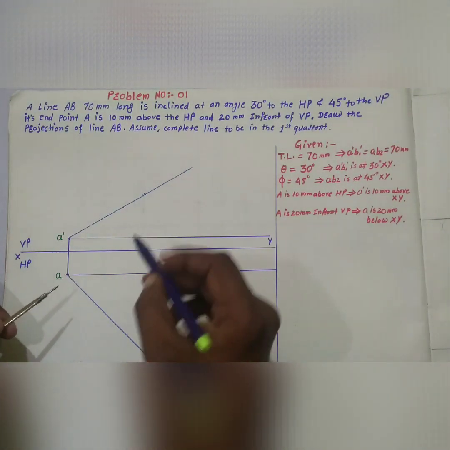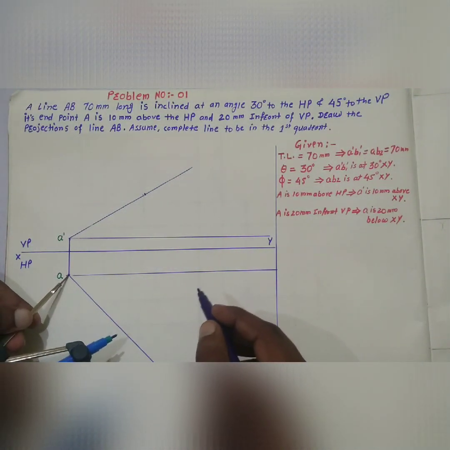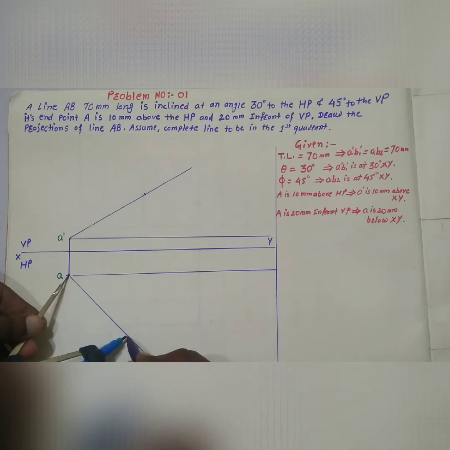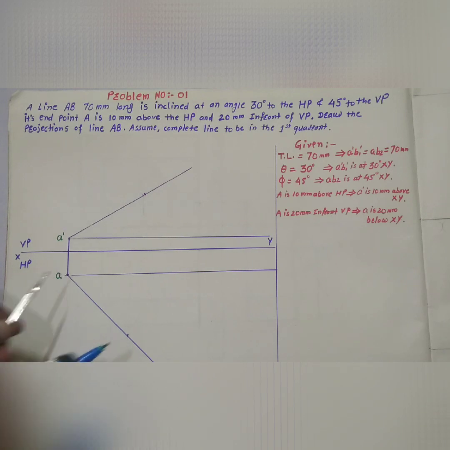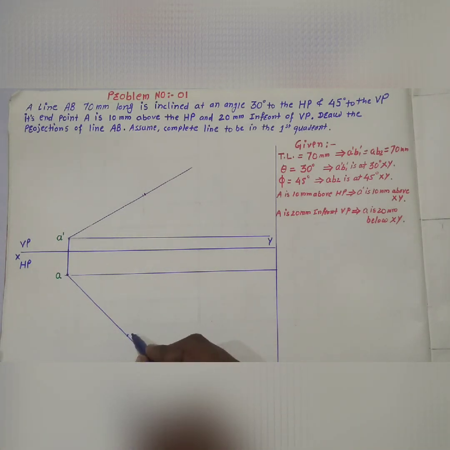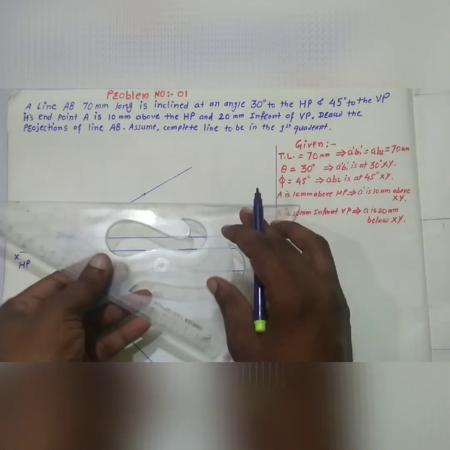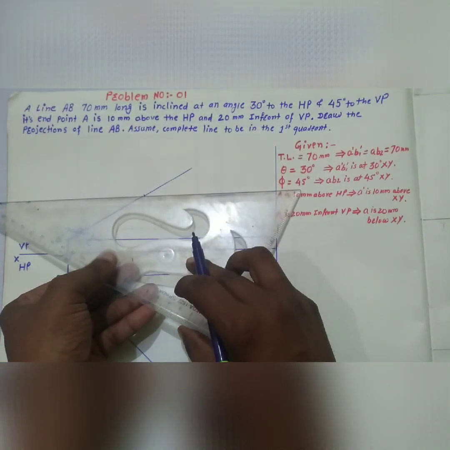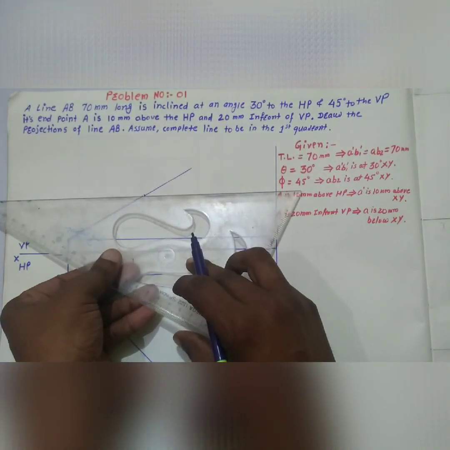Similarly, we draw another 70 mm cut from point A. When you get these two points, draw another straight line parallel to the XY line.